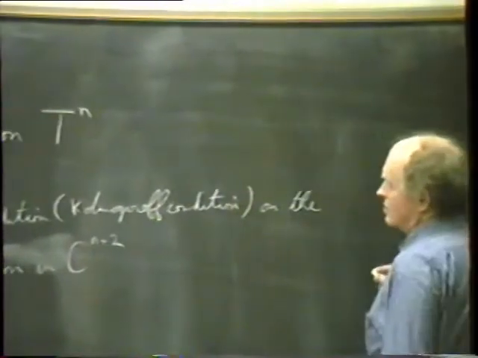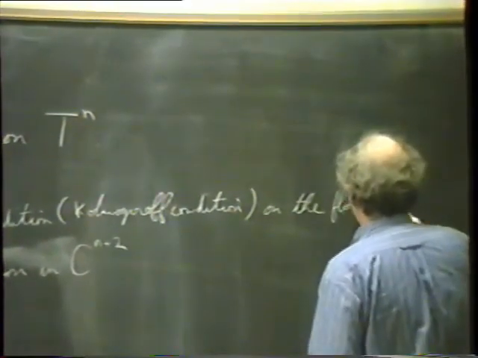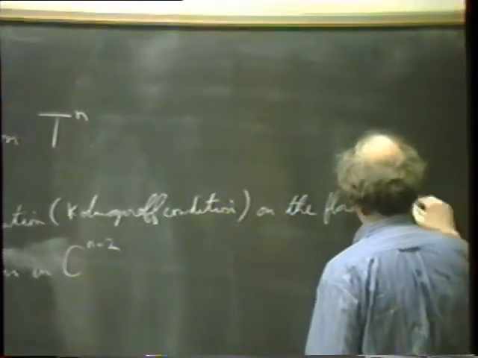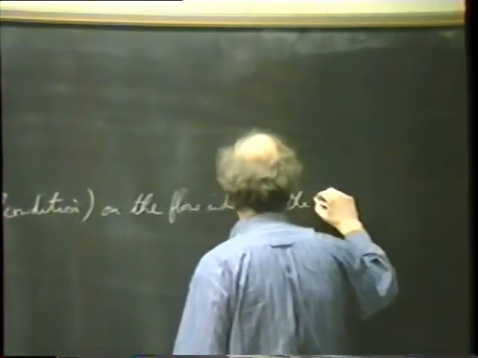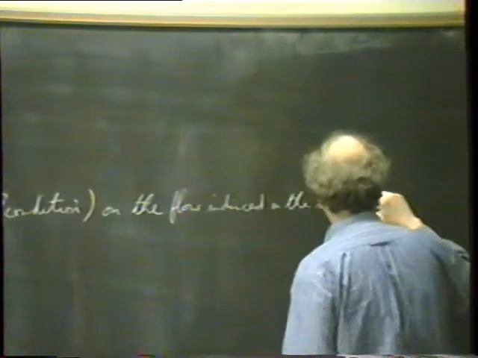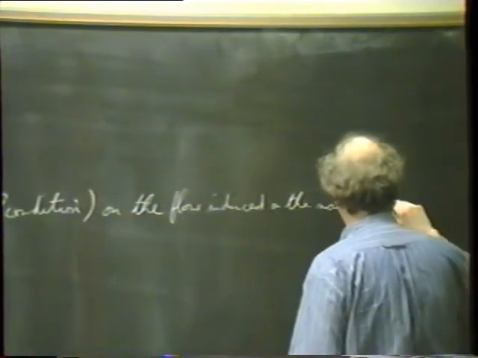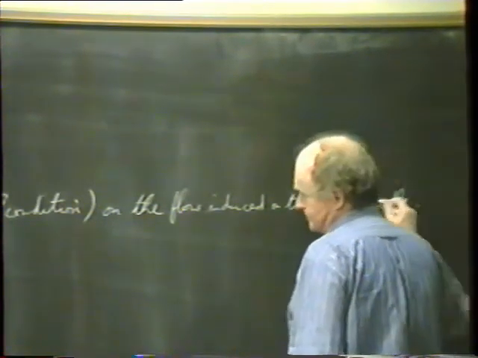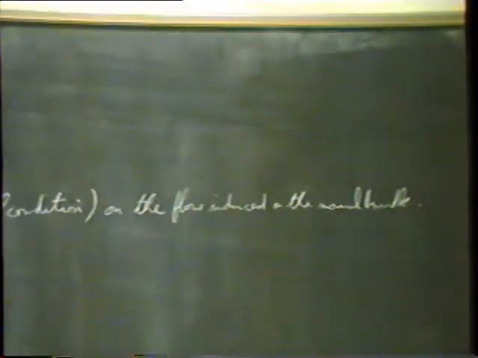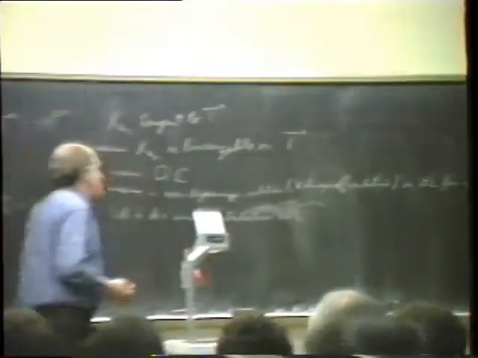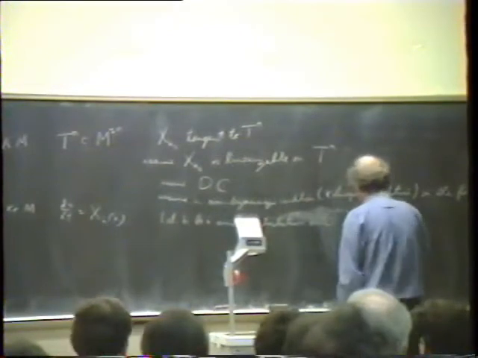On the torus induced on the normal bundle, so what they say is: let H be a small perturbation in a C^(n+2) topology.